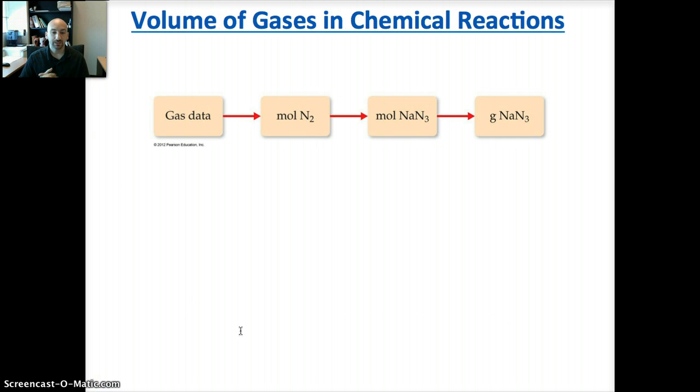Many times we also want to know the identity or quantity of a gas in a chemical reaction, and we can calculate the volume of gases consumed and produced in a reaction by using the moles in a balanced chemical equation. So this is the basic path. If we have the gas data, we have the moles of nitrogen gas, we can then convert that to moles of sodium azide using the balanced chemical equation and then solve for the grams.